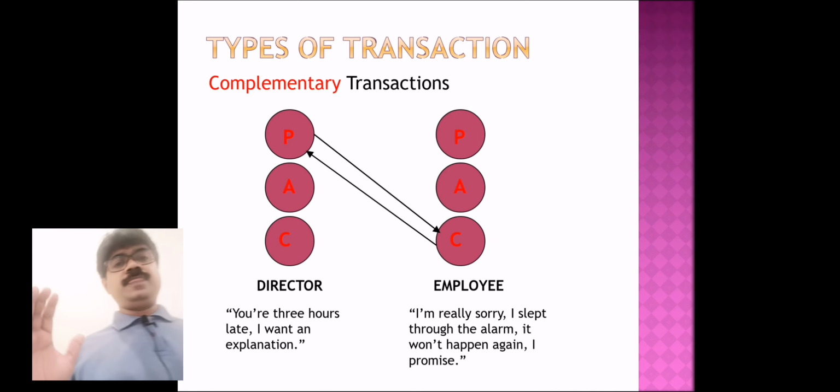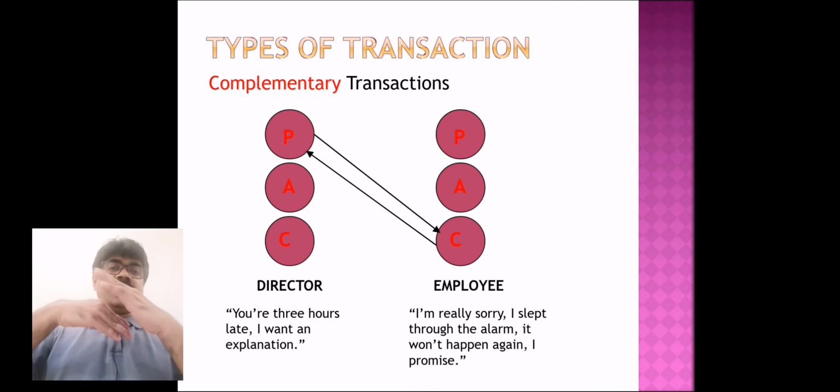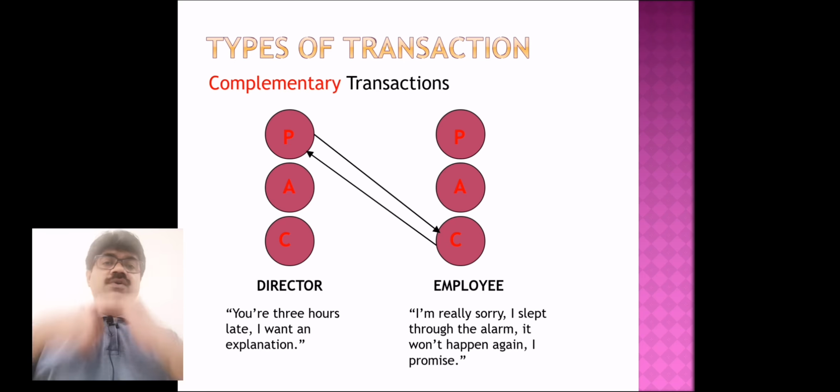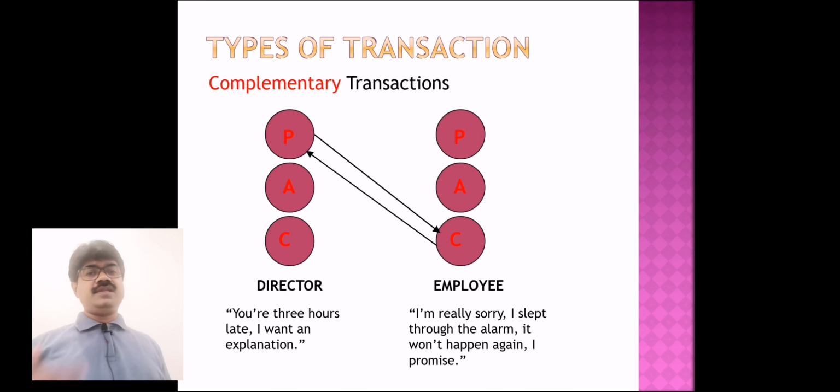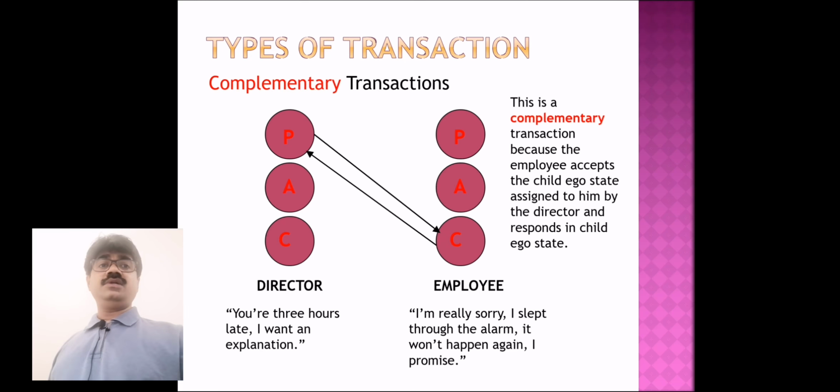His director is behaving like a parent and considering him a child, so he also decided to remain a child and respond with the same complementary, parallel ego state given to him. He remains in the child ego state. There is no shift of ego state here. So this is a complementary transaction.